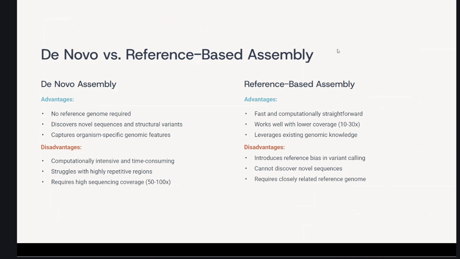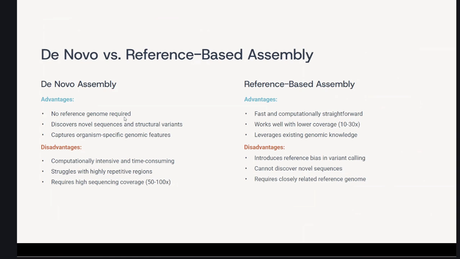You don't have any reference for that. You don't know what will come out of it. When you choose de novo, you have some advantages. You don't need a reference genome. You can directly take your sequences, assemble them, and get your assembly.